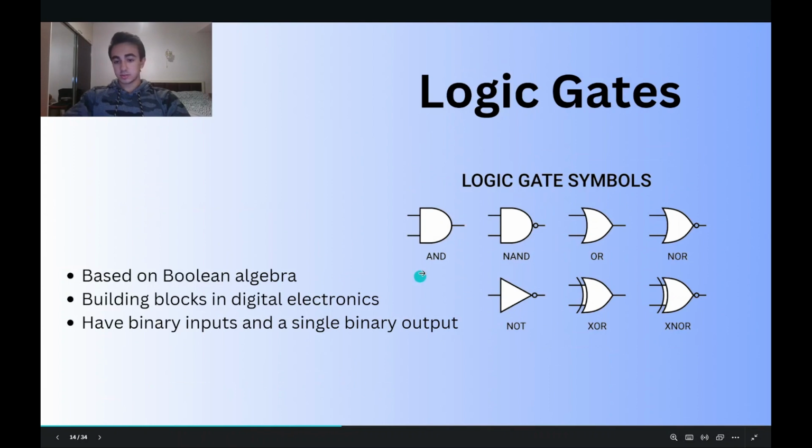So here we see the logic gates, each performs a distinct function, and each gets two inputs except NOT, and outputs one output.